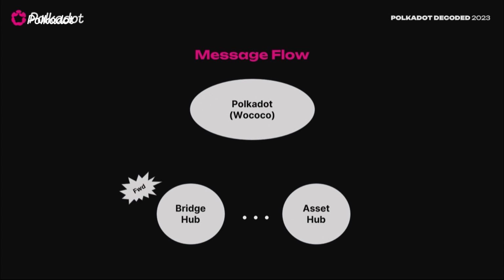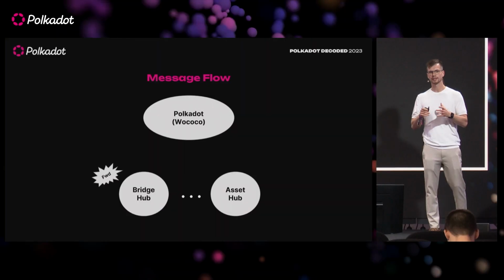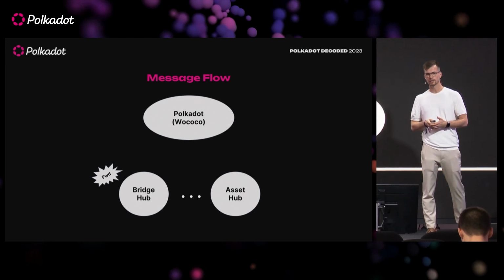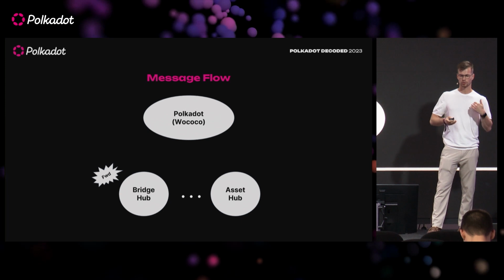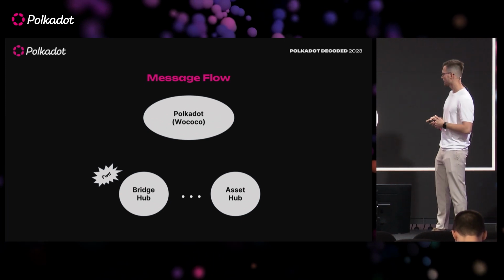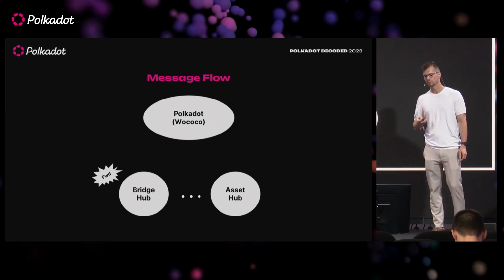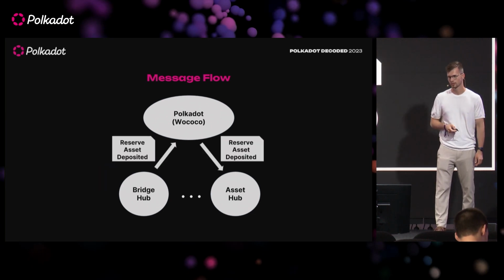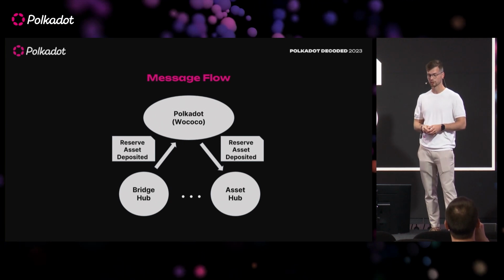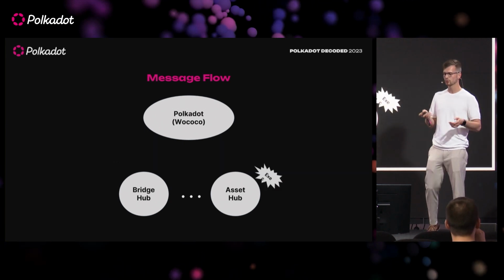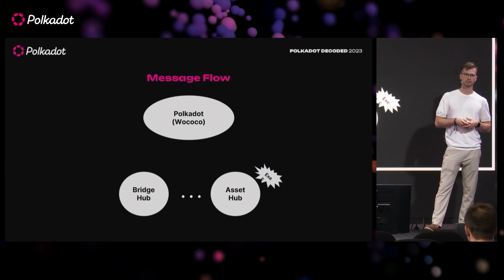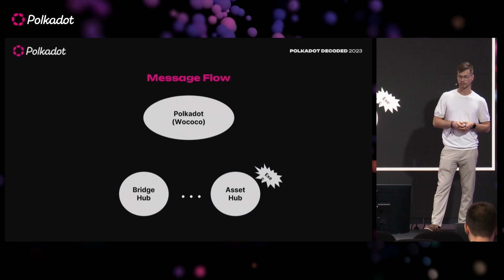On the BridgeHub, we have at first light client verification because we need to check if the message has been finalized on the source chain. And after positive checking, the BridgeHub forwards the message to the destination chain, which is the destination Asset Hub at Polkadot. That message gets executed, and it ends up with depositing some wrapped assets on the destination account.